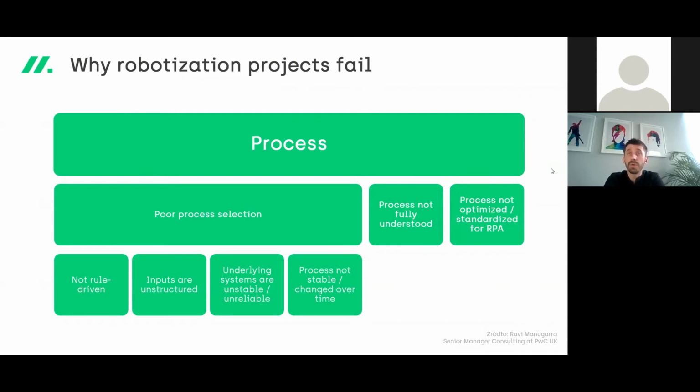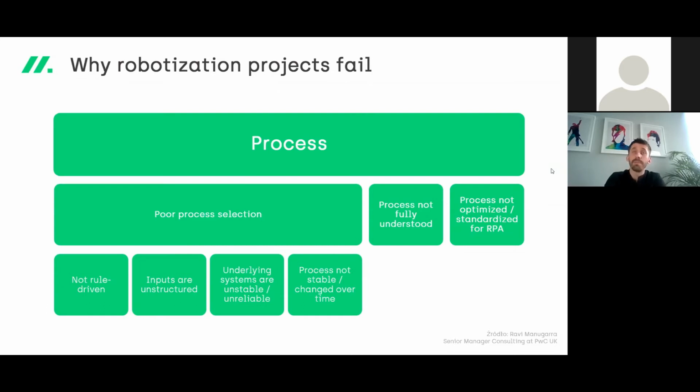Then we can pick processes which are working on unstable or unreliable software applications, which will cause instability of the robots. And also the processes themselves can be unstable, or for example, persons who are responsible for the processes can implement some changes within the processes, so the robot will not be able to work on the process properly.